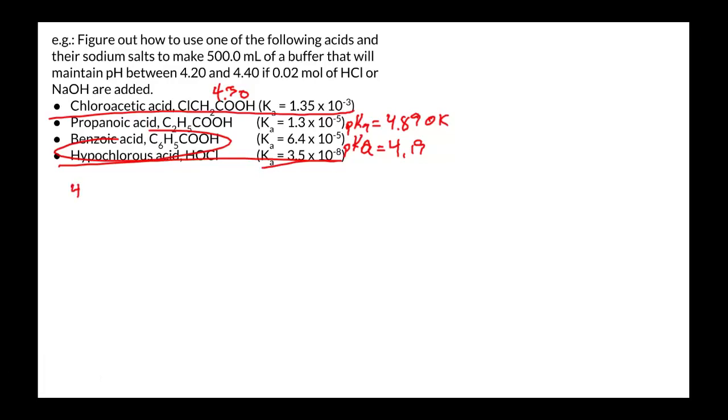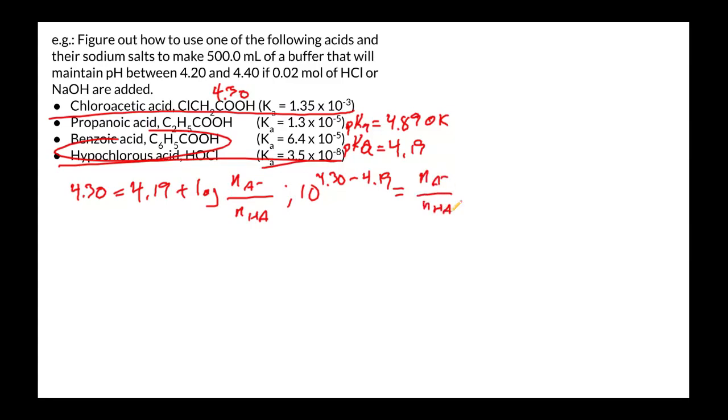Okay, so we want to have a target pH of 4.30. 4.19 is our pKa. This is just the Henderson-Hasselbalch equation, plus the base 10 logarithm of number of moles of base over number of moles of acid. So 10 to the 4.30 minus 4.19 is going to be the number of moles of base over the number of moles of acid.